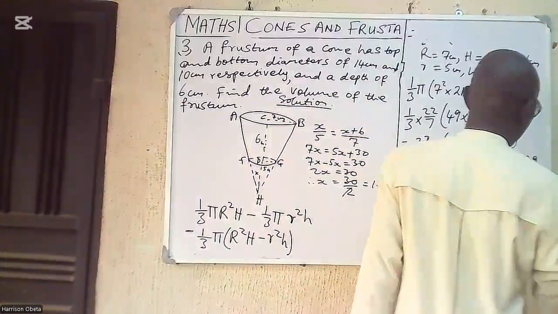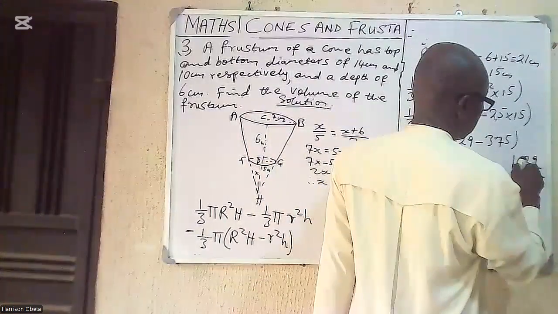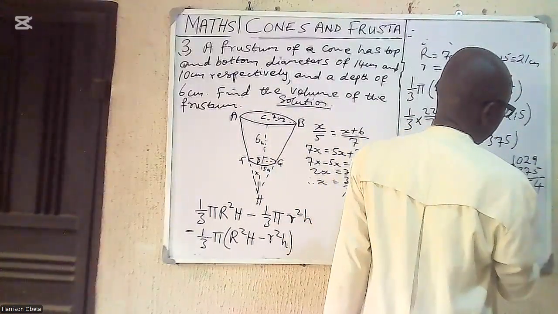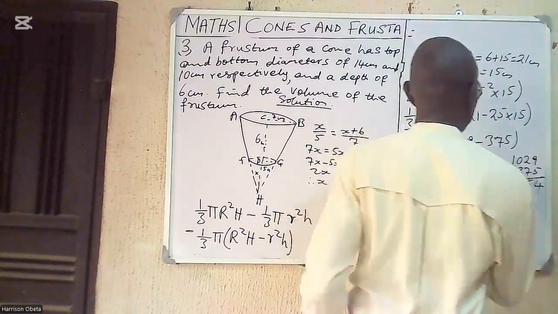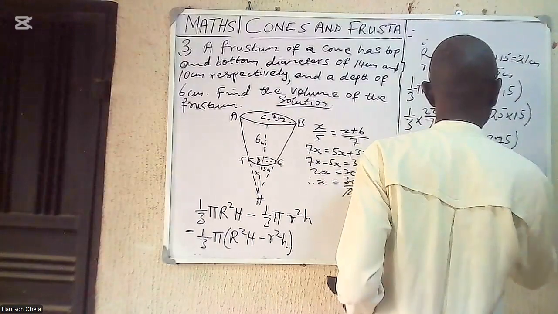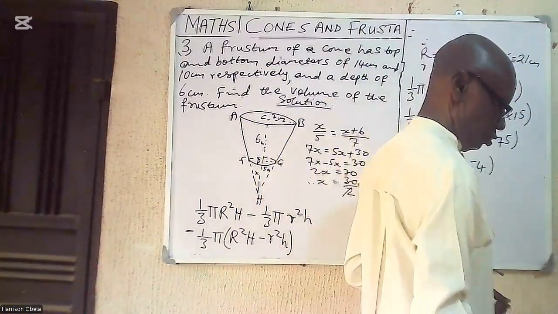This will be 4. Remainder 4. This one cannot go. 12 minus 7 is 5. Remaining 9 minus 8, that's 6. 654. And then move on.